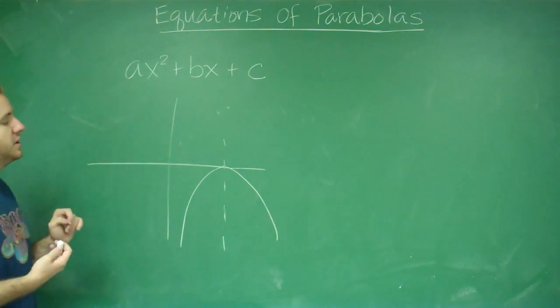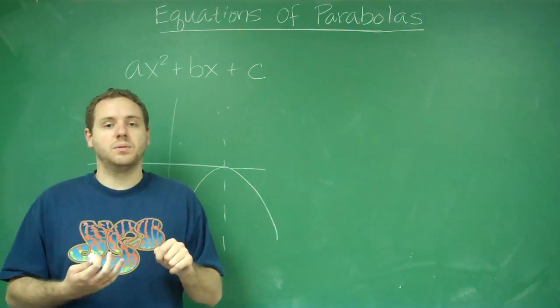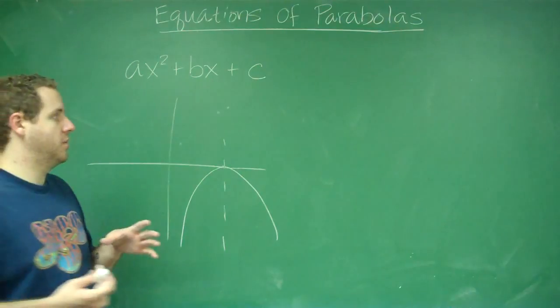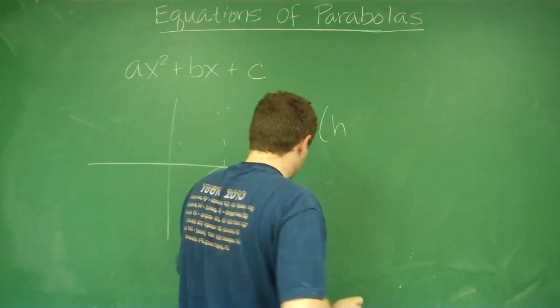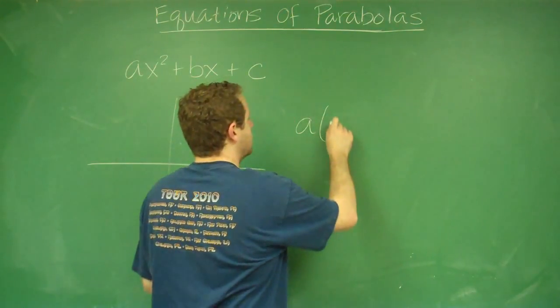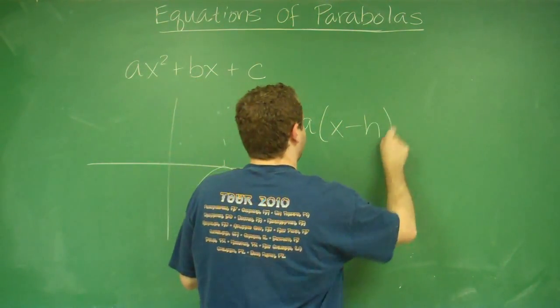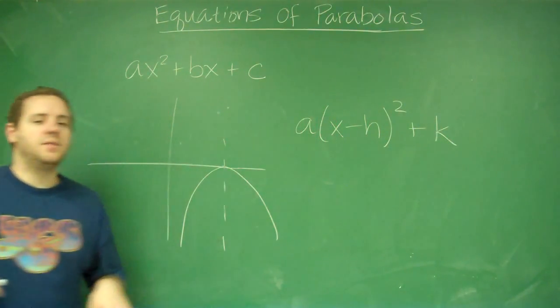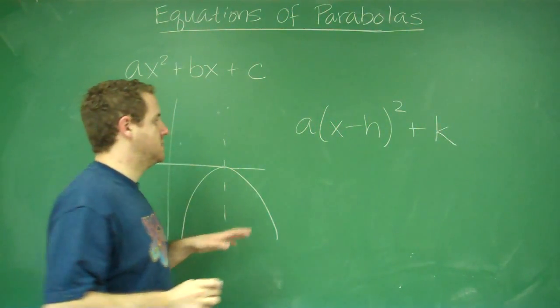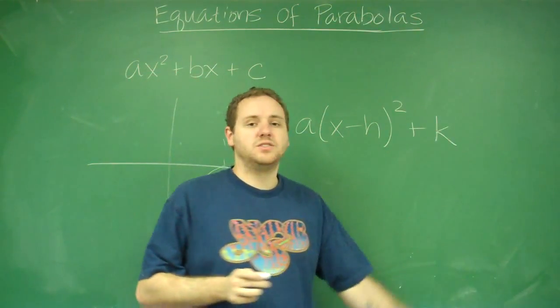So another way that you can write a parabola is in what's called the general form of a parabola, which looks like this. So you might think that looks somewhat similar to our circle equation that you have h and k.